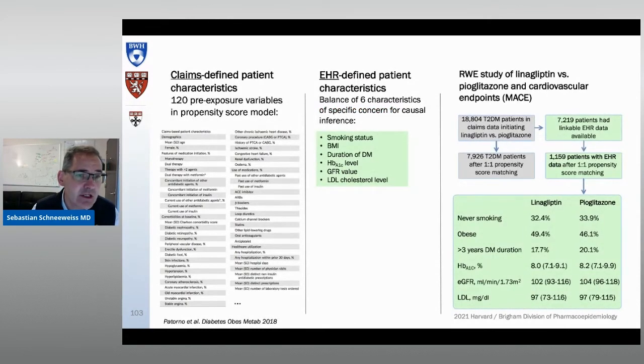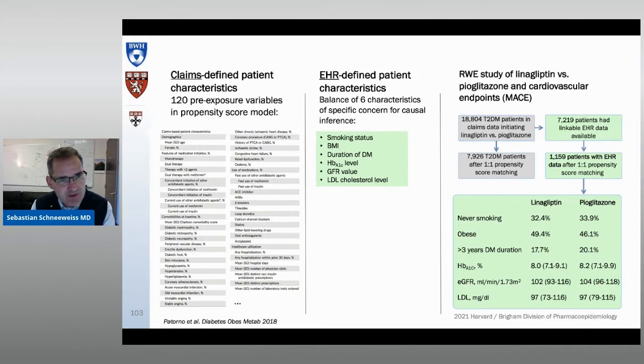It's just a side note about proxy adjustment, as an example in diabetes research where we compare two antidiabetic medications, and we adjust for more than 100 pre-exposure covariates with a propensity score matching strategy in these claims data.